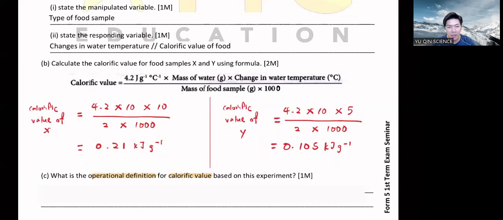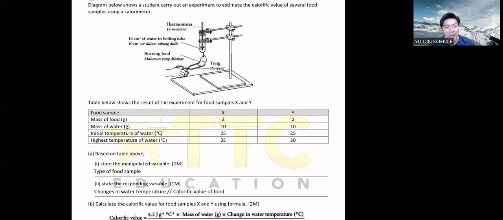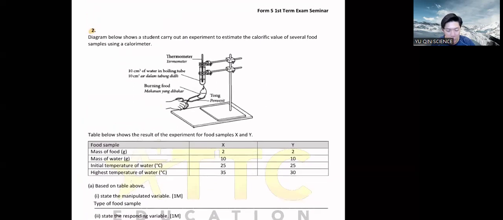Can I remember the format? Subject plus responding plus procedure. So what's your procedure though? I think procedure is like what I do, right? What I do here is I burn the food. Burn the food. When the food is burned.